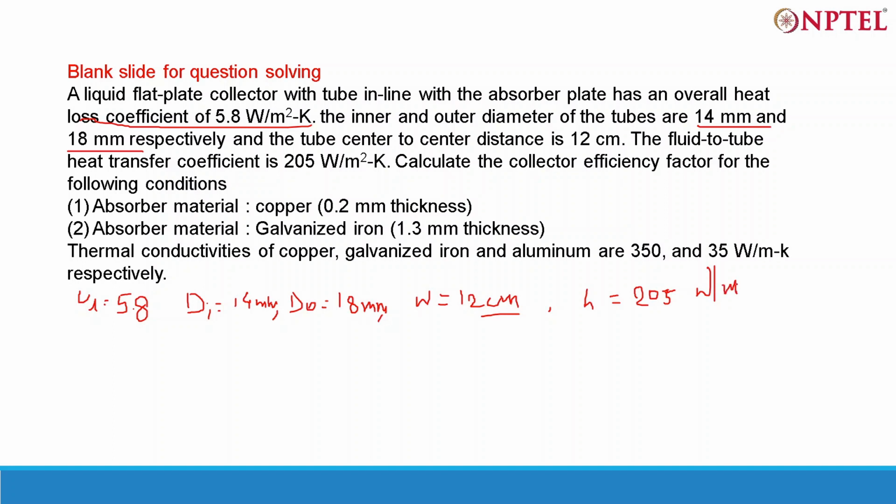So first thing you do is to convert all these into SI units like meter. Absorber material thickness is given 0.2, galvanized iron thickness is given 1.3, thermal conductivity of copper, galvanized iron and aluminum are 350, 35.